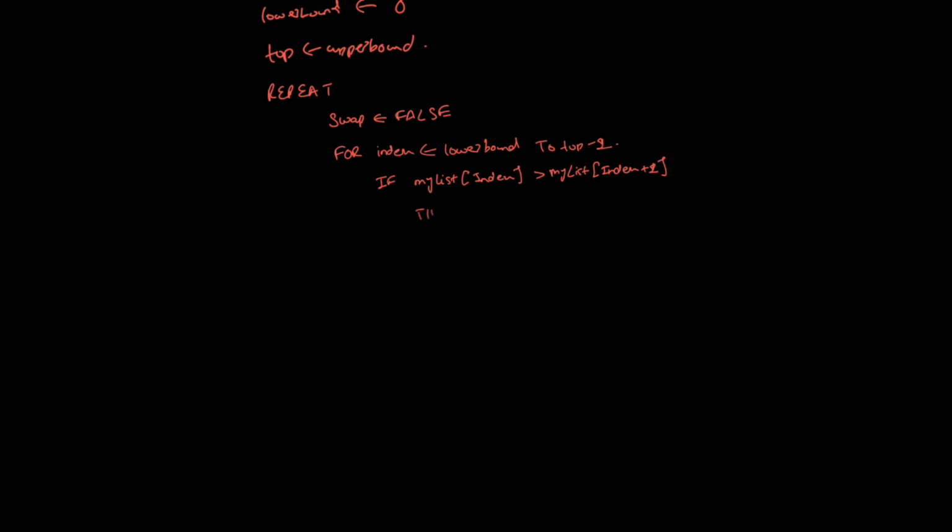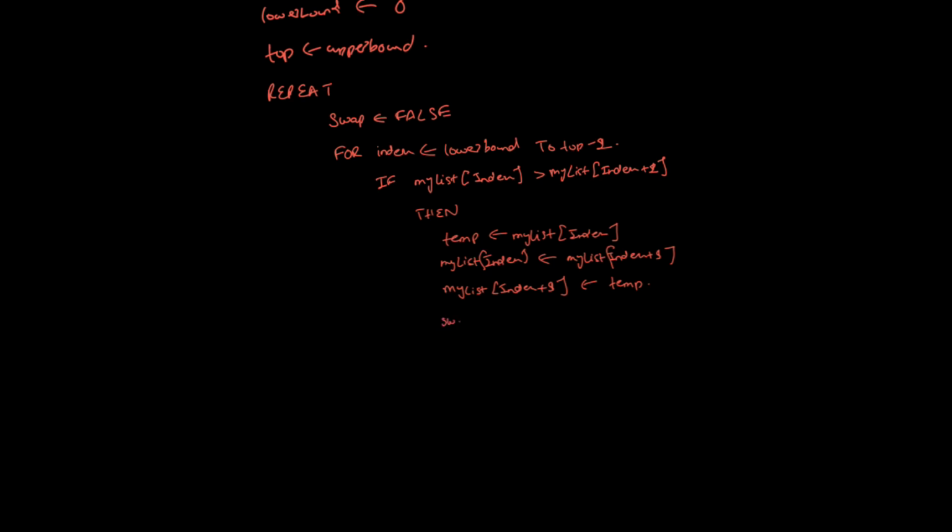So then temp will take my list index, and my list index will take my list index plus 1. And lastly, my list index plus 1 will take the value of temp, and that's basically it.